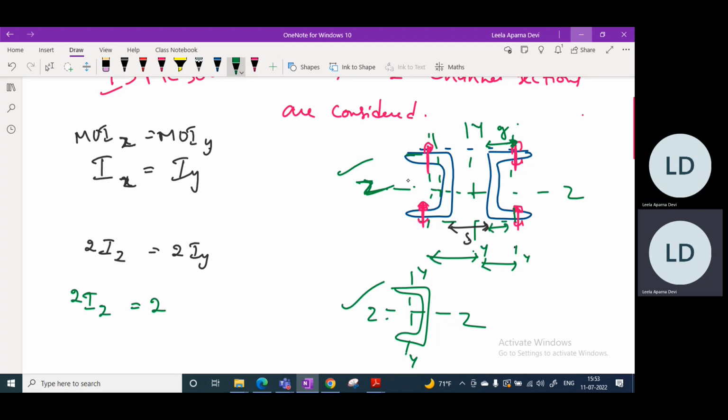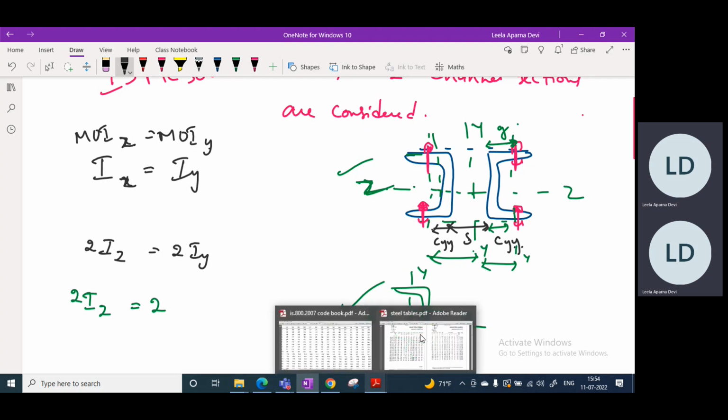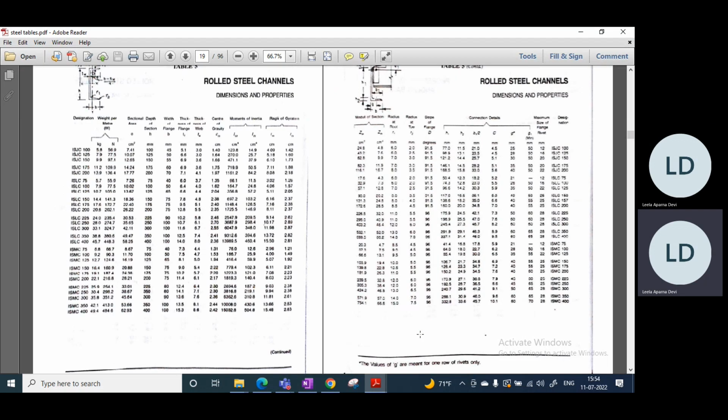So as we are calculating moment of inertia for each individual section, so here it is CYY. So this is also CYY. Okay. So the CYY value from our steel table is, here they have given for ISMC 300 it is 23.6.